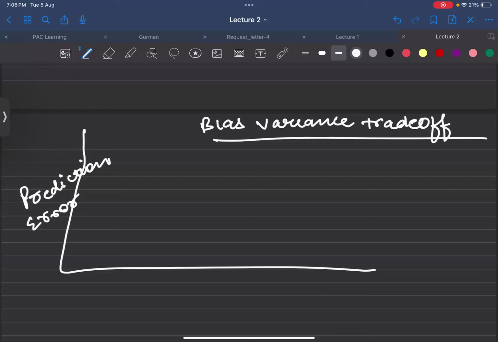So, bias variance trade-off, prediction error, and suppose we have model complexity. Suppose here, I'll try to draw something.